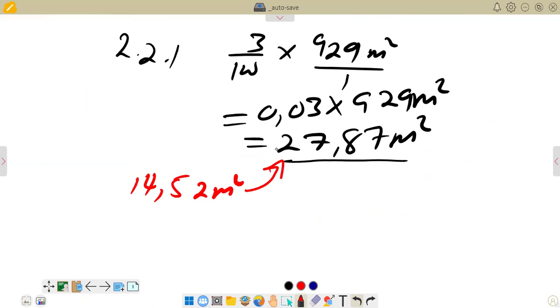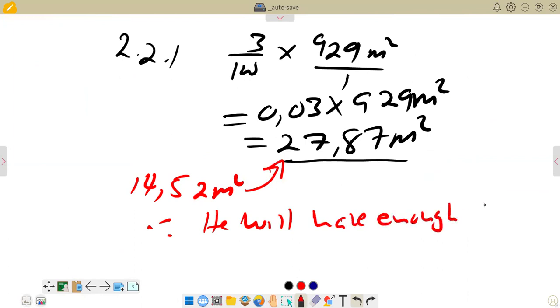So in our conclusion, we are just going to explain it as such, whereby we are saying, therefore, he would have enough space. So this is our conclusion.